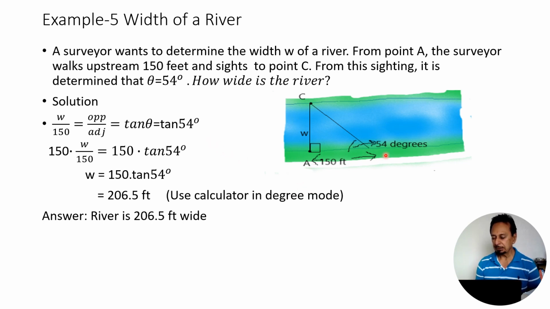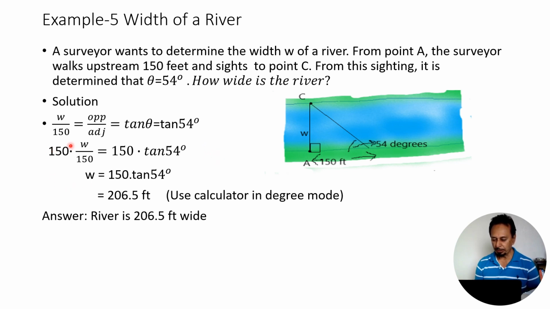So if you look at this right triangle, this side is opposite to this angle. So we want to find the opposite side of this right triangle. The adjacent is 150. So we can take the ratio of the opposite side W and the known side 150. So it becomes W over 150. So it will be opposite over adjacent, and we remember that opposite over adjacent is tangent theta. And theta is 54 degrees, so it becomes tangent 54 degrees.